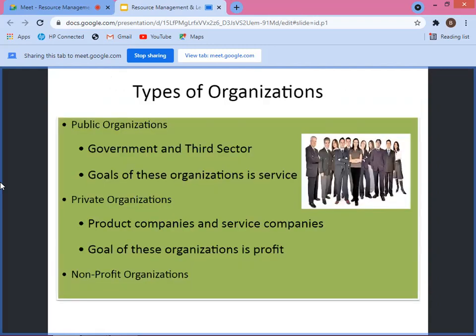So I just want to give you a bit of a refresher about types of organizations for us to go on with our discussions about leadership. The types of organizations that we have are public organizations, for example government. The goal of this organization is service.